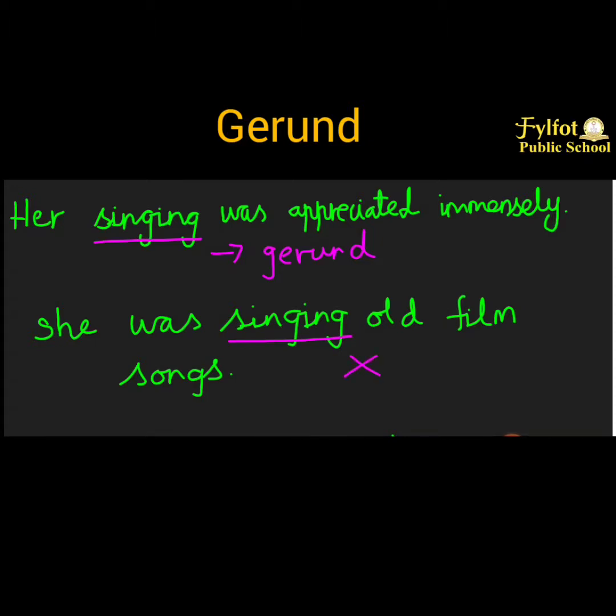So understand the difference. In the first sentence, her singing was appreciated immensely, singing is used as a noun and hence it is a gerund. In the second example, she was singing old film songs, singing is a verb.